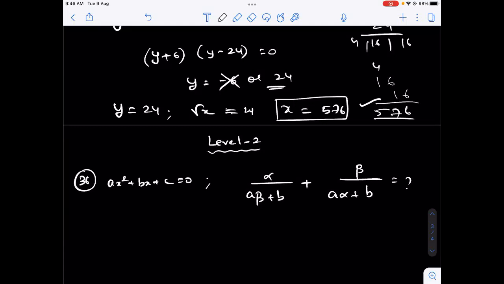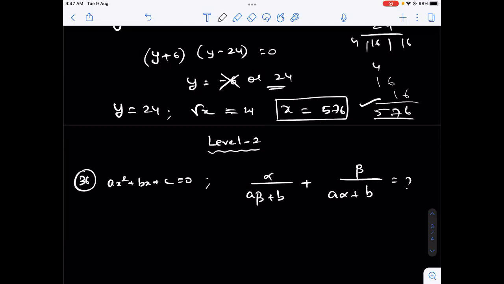So, how to solve this? Then? You want to simplify and find alpha and beta? How will you simplify?